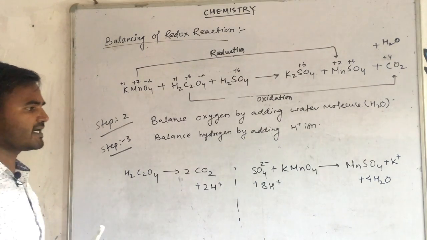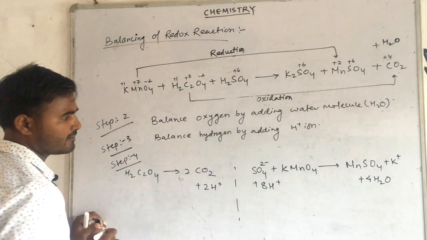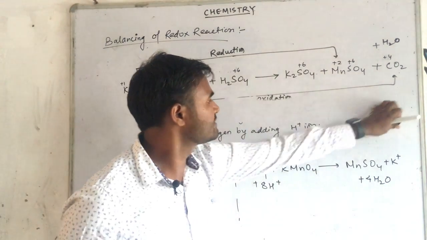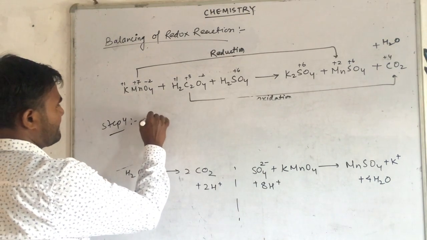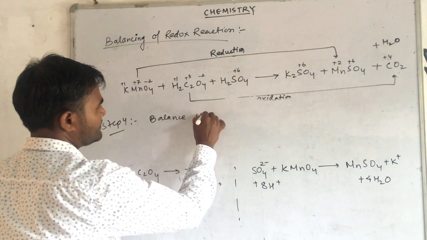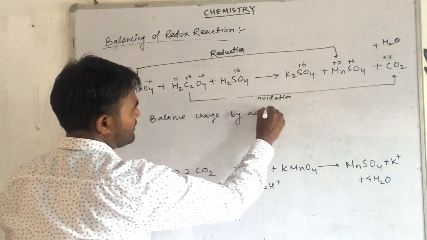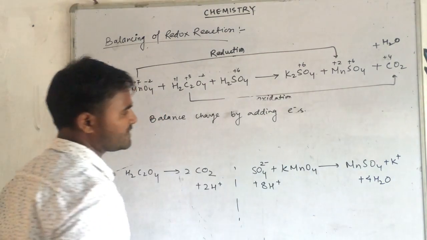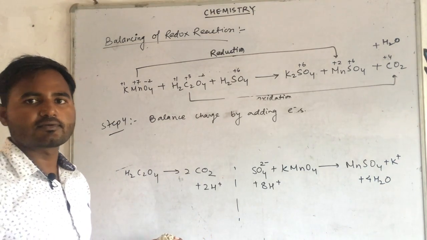So the next step is step number 4, balance charge by adding electrons, which means you have to add electron where positive charge is more.